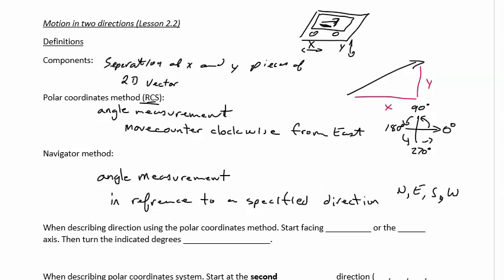So when describing the polar coordinate method, we're going to start facing east, or that x-axis, and turn those degrees counterclockwise.